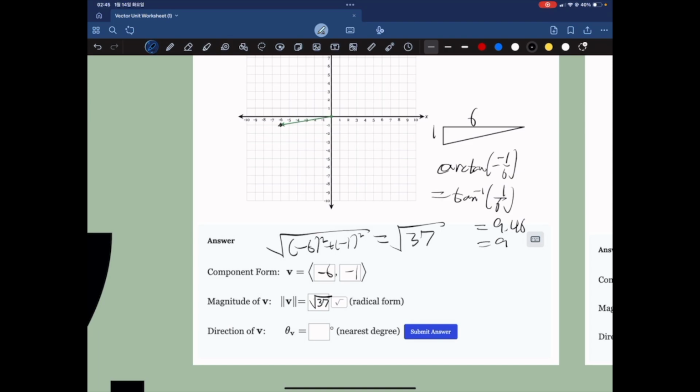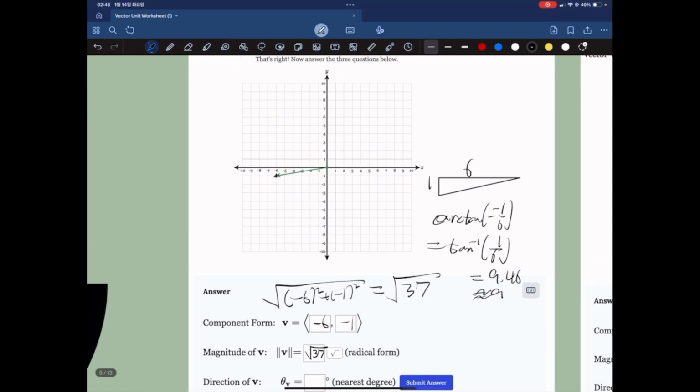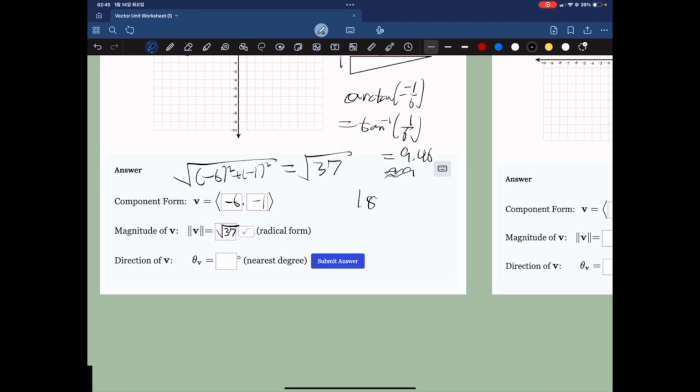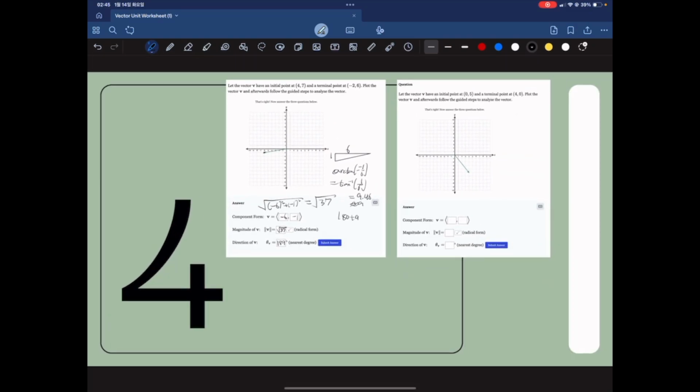Nearest degree, so 9. But then, since we're in the third quadrant, you have to add 180 degrees to 9. Therefore, your direction angle is 189.